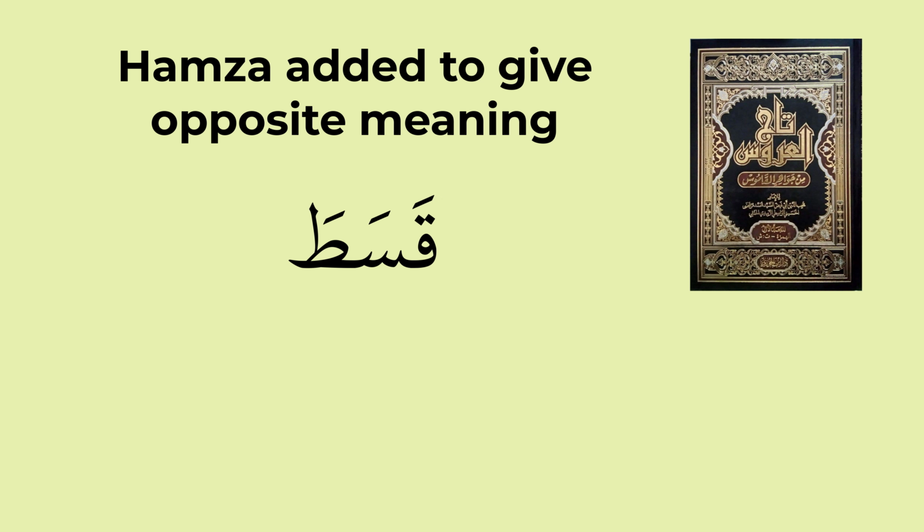We have qasata, which means to oppress, and we have aqsata, which means to be just. So that Hamza, and there's a few meanings for this type of Hamza, is called Hamza al-izala, or al-salb, the one that causes something to be removed. It causes, in this case, oppression to be removed. So there's justice. And so Hamza is a very powerful letter and has a very wide usage in the Arabic language.